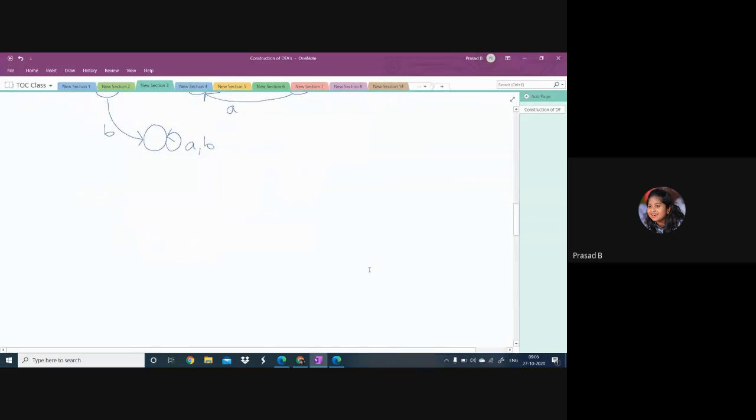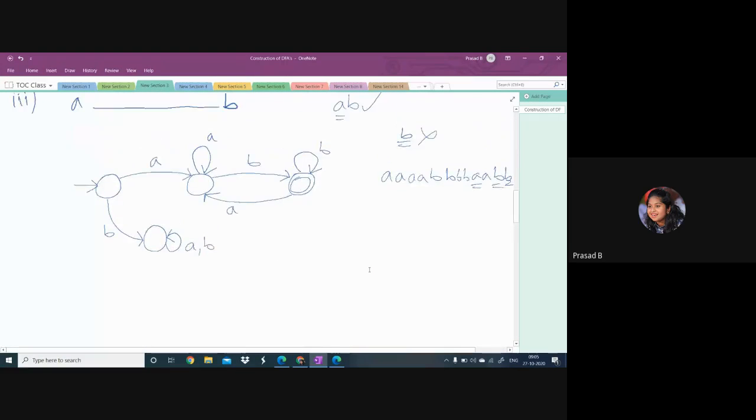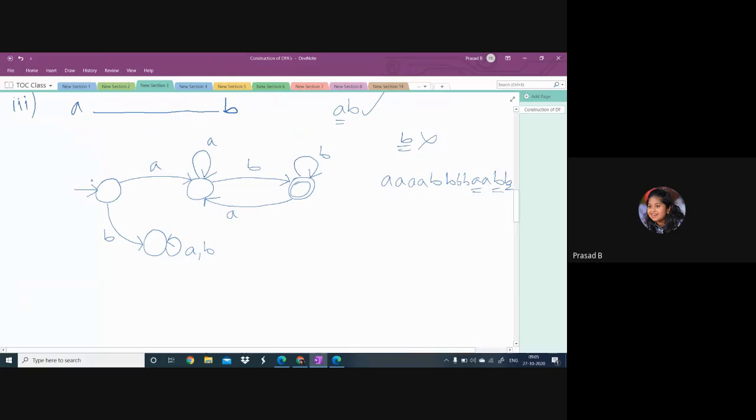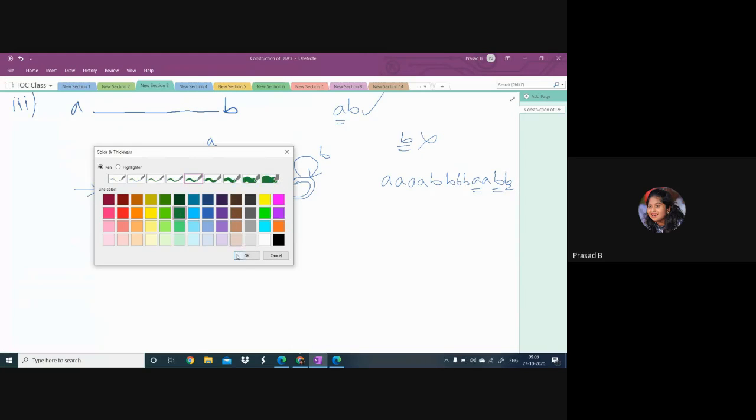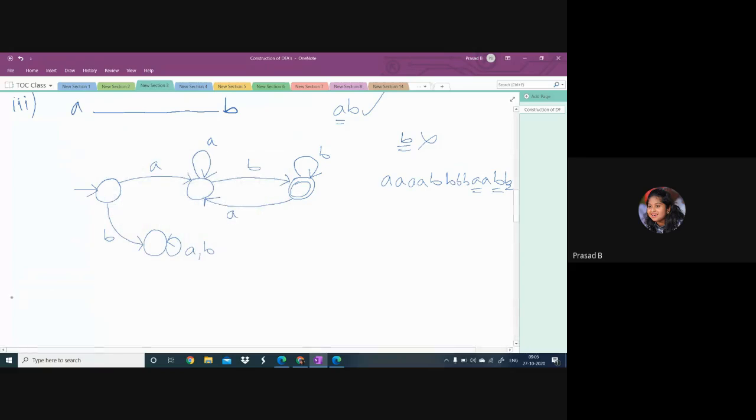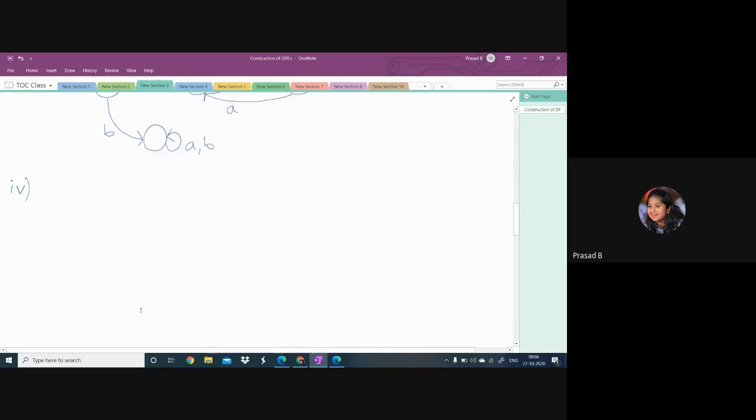Fourth question. Copy this one. Okay, first and last symbols are different. What do you mean by that?